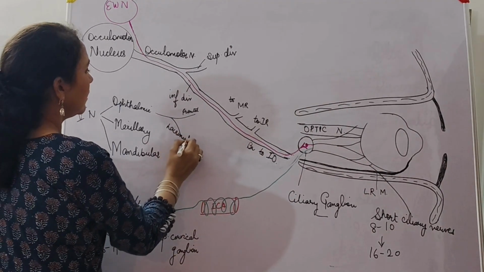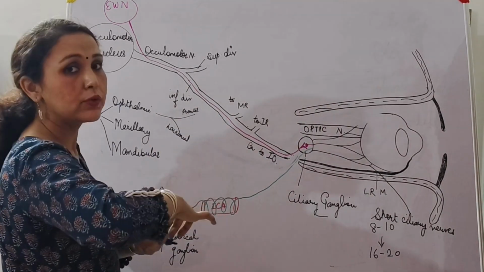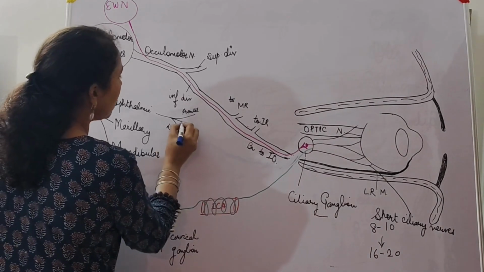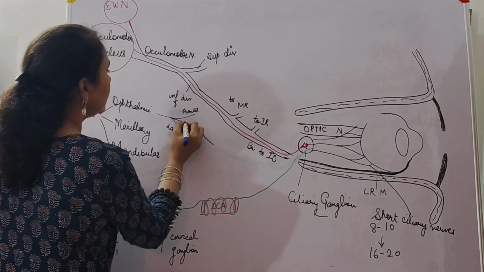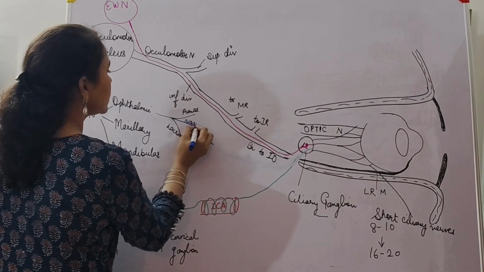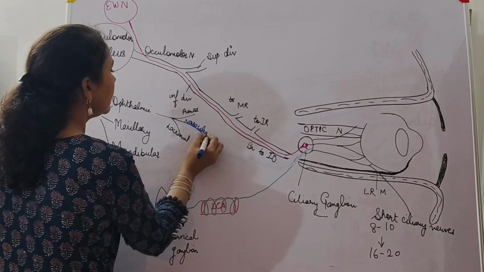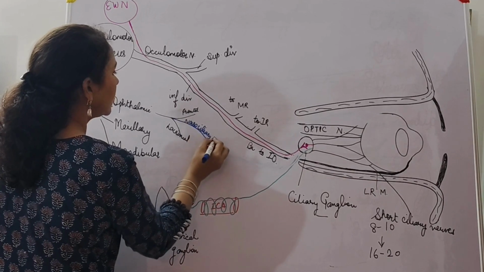lacrimal, and then we have the nasociliary, which we will draw with the blue color showing the sensory root. Nasociliary nerve.